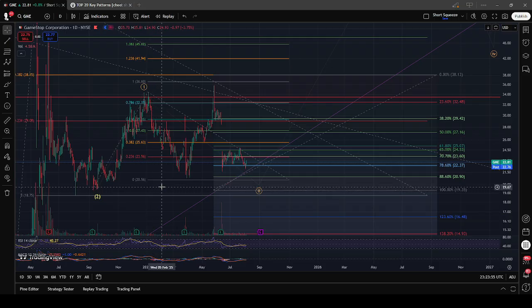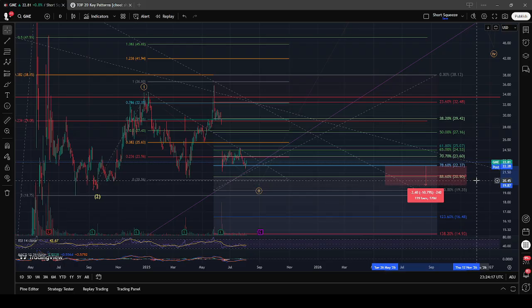So if it does end up being a 1, 2, 3, 4, 5 leading diagonal, we would be looking for GameStop to drop like a rock and back down to 22.37 to 20.90 within this range.